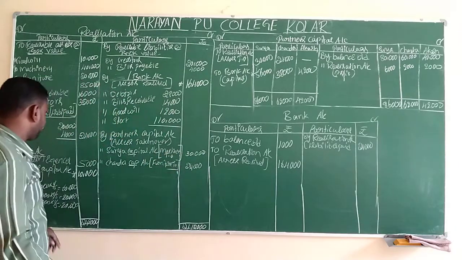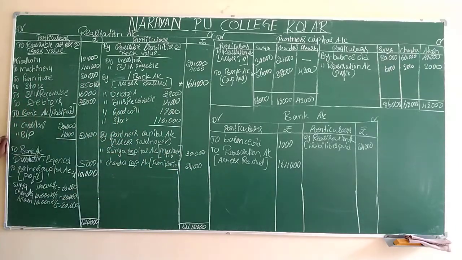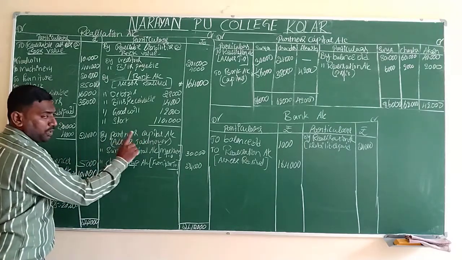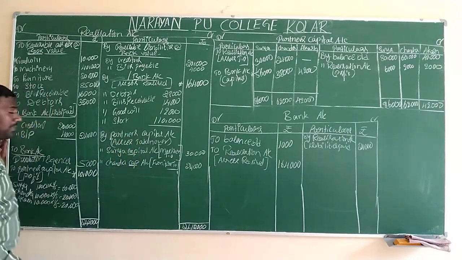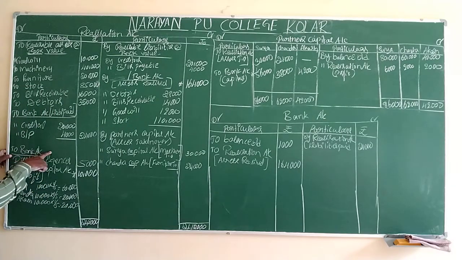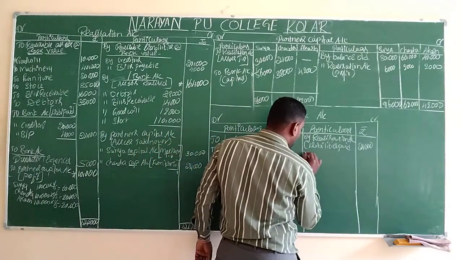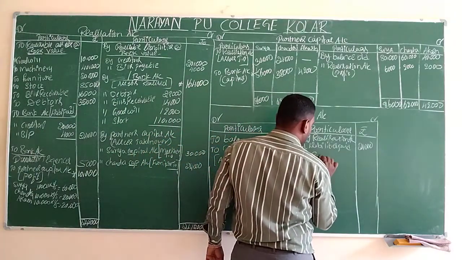After that, again we have to go through the same realization account. Again we have to go to bank account. Step number 4 is completed. Step number 5. What do we have to do? Partners capital account. Here no bank is there. Step number 6 is not there in our question. Step number 7, again we have to write to bank account. What is that? Dissolution expenses. Which side is it? Debit side of realization account. It will come to the credit side of the bank account.